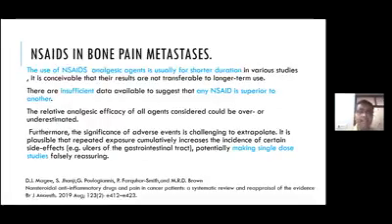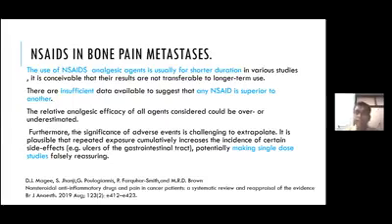For NSAIDs, most of the studies in cancer pain or bone pain have been for short duration. The use of NSAID analgesics is only for short duration and cannot be extrapolated for long-term use. Their side effects are also studied only for short duration.